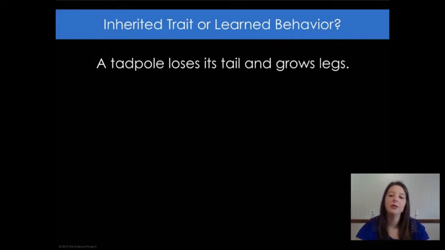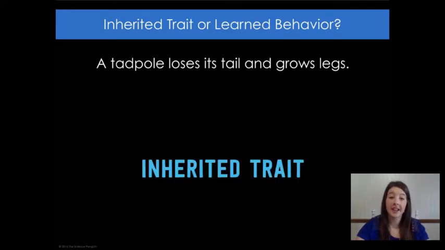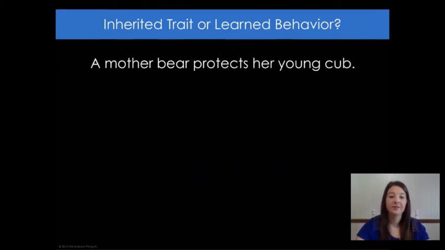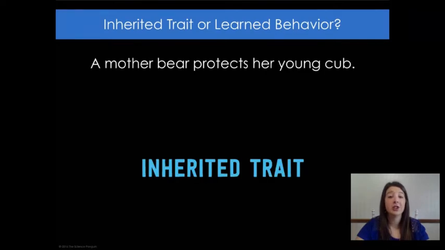A tadpole loses its tail and grows legs. Inherited trait. A mother bear protects her young cub. Inherited trait. That's an example of an instinct. They just know to do that.